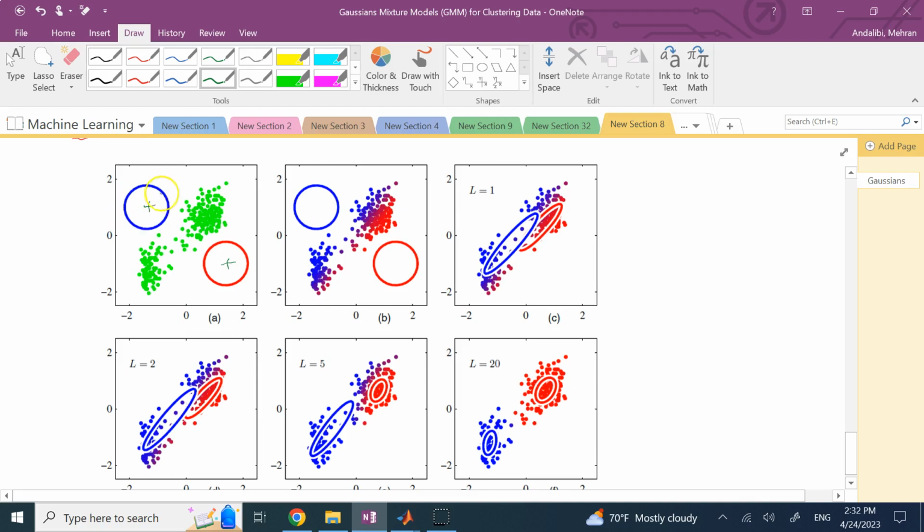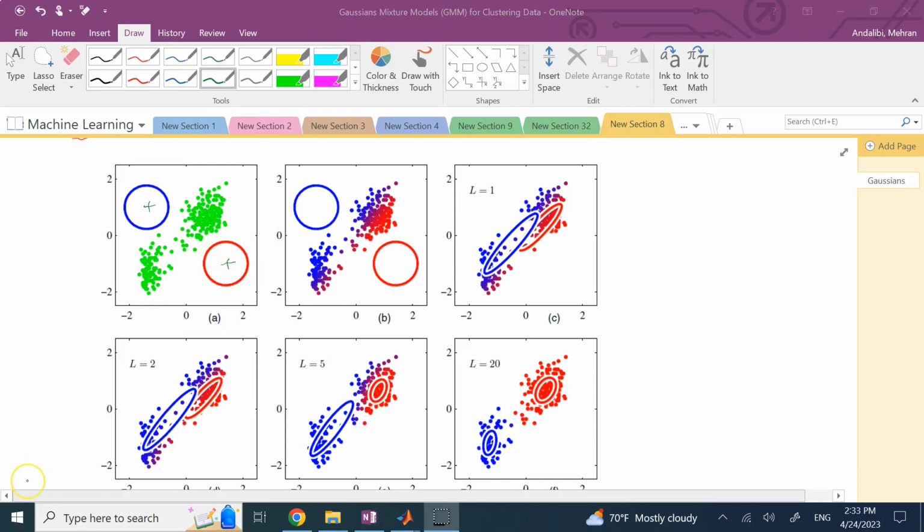The sigmas here have the same values and they are diagonal. That's why you see the distributions are like circles. And then the size of them are the same, so it's kind of assuming that each one of them is using a pi k of 1/2. Good, so this is what I assume, and you see it's completely irrelevant to my data. My centers, my shape of the distributions are completely off.